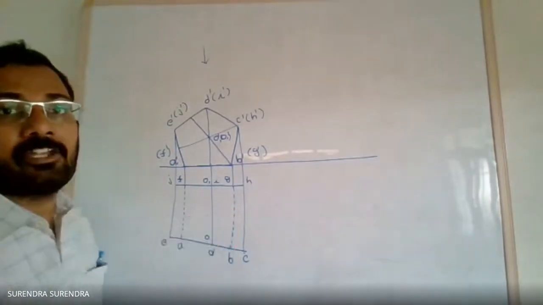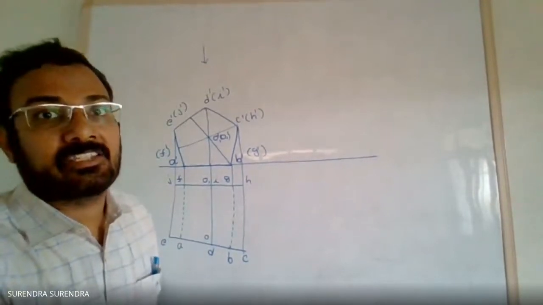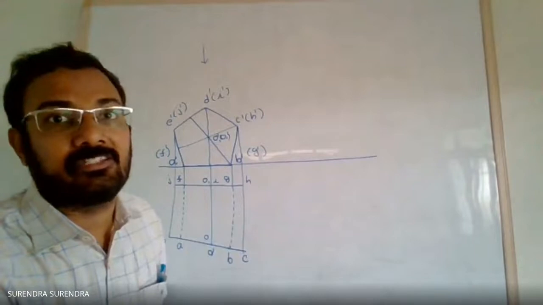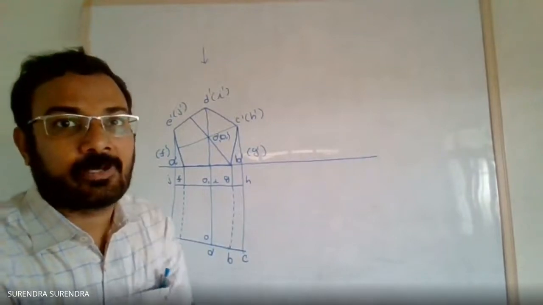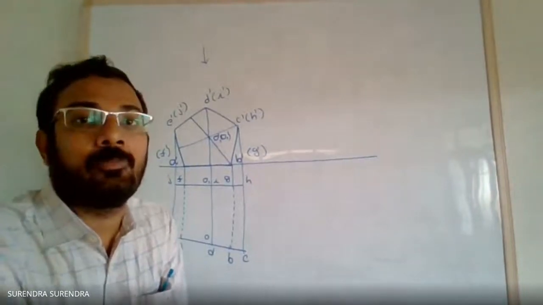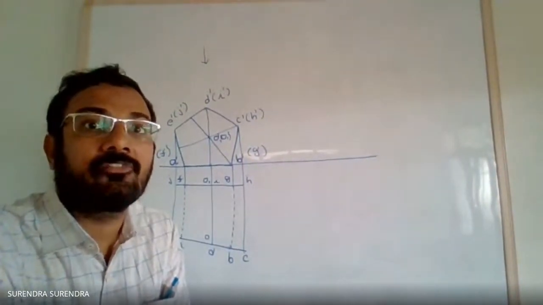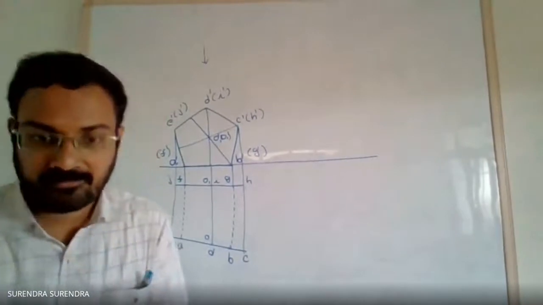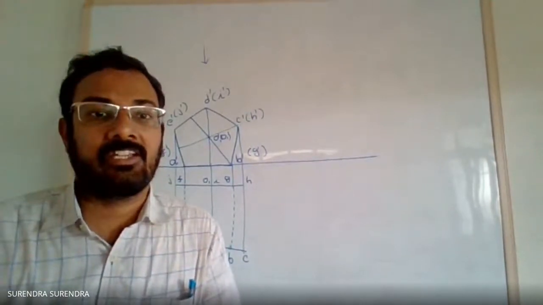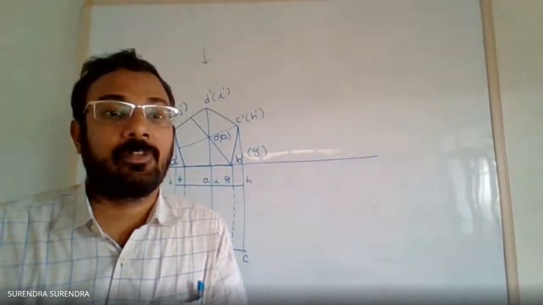With this we completed the projection of the prism when the axis is perpendicular to the vertical plane. Next condition as given in the problem: the axis is inclined at 40 degrees to the vertical plane.